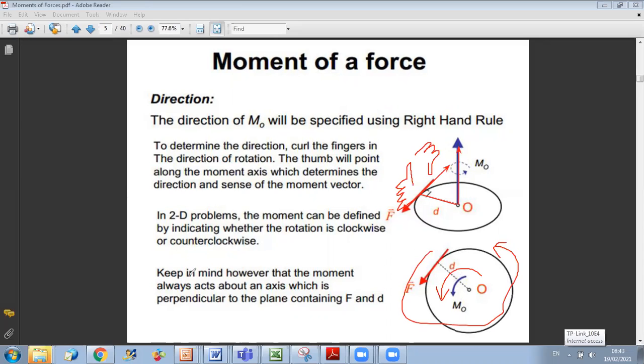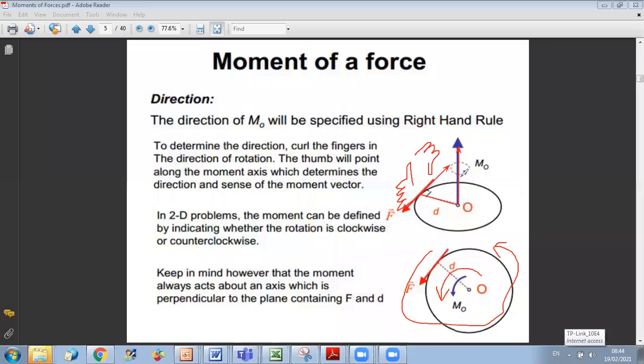Okay, but keep in mind, however, that the moment always acts about an axis which is perpendicular to the plane containing F and d. So here we are representing the moment by an arrow like this, but in the real case it's a vector, and this vector is perpendicular to the circle.